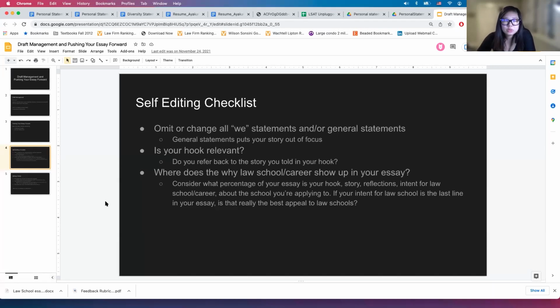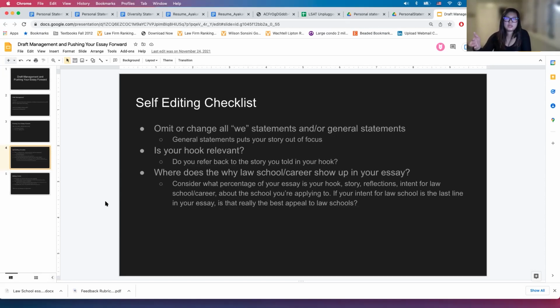Should the why law school career be around 2 to 3 sentences or a paragraph, or it depends? So I think the well done essays, it's kind of ingrained in that essay. I've seen essays where it comes up right about the middle, and we're really coming back to that point, right? Okay, this is a realization I had.